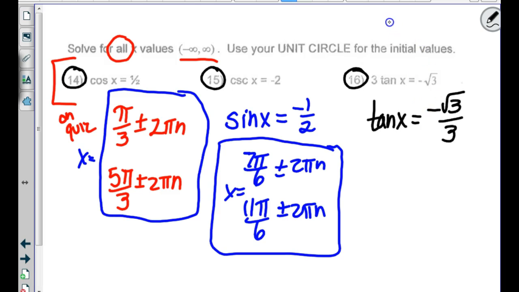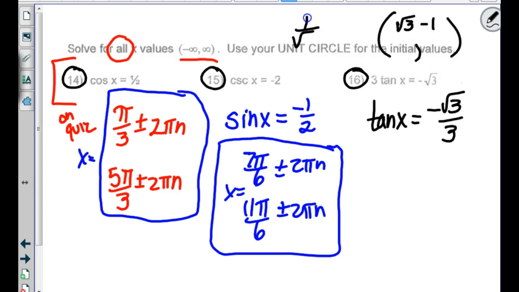Can anybody help me find the ordered pair? Hate tangents. What will make that come out? Yeah, 1 over square root of 3. One of them has to be negative, whichever one. Is everybody good with that?